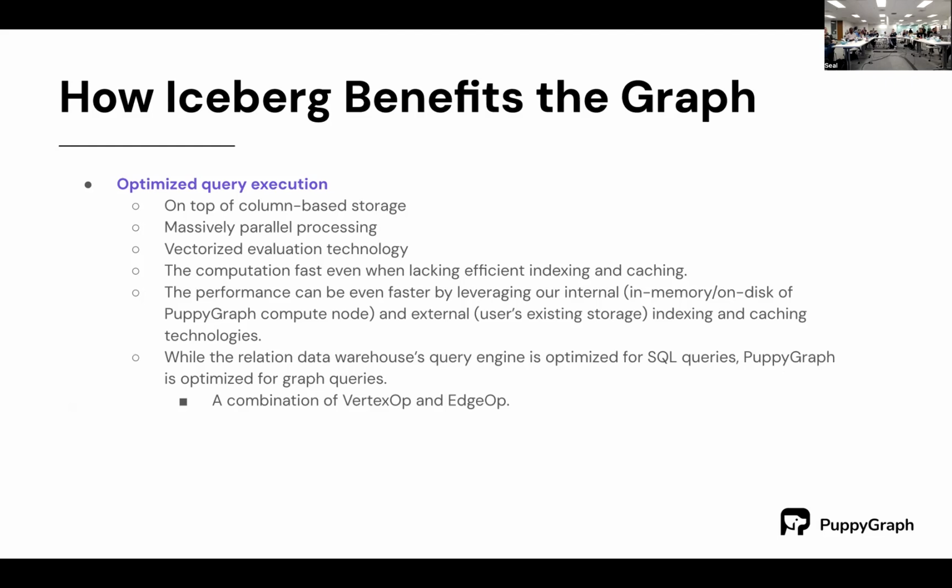The vertex operation's input is a collection of vertices. The edge operation's input is a collection of edges. In this way, any graph query can be generated into a plan, which is a combination of edge operations and vertex operations. In this way, you can have an optimized plan to only fetch the necessary data, and also cost-based.